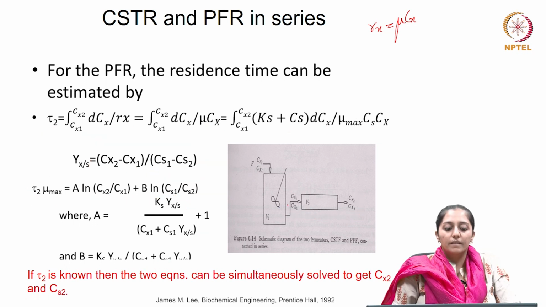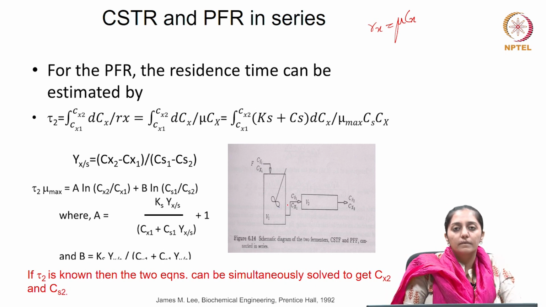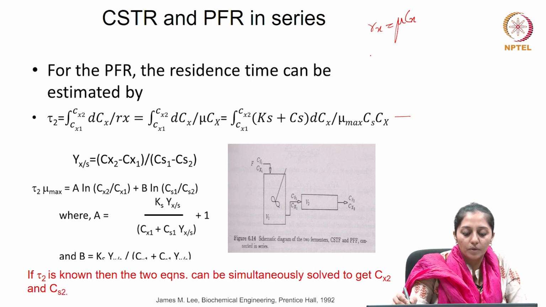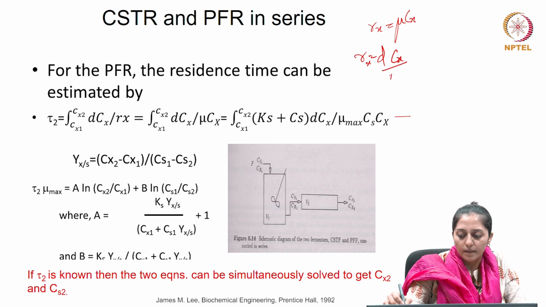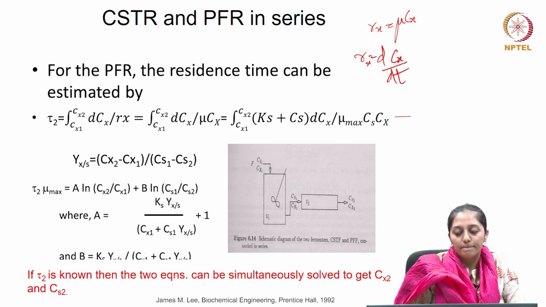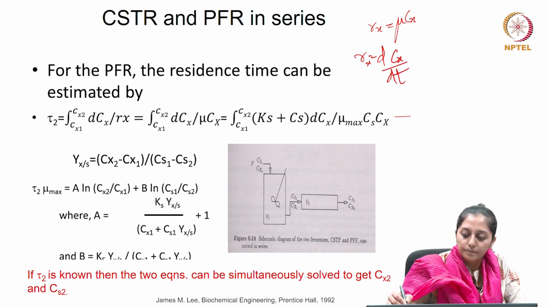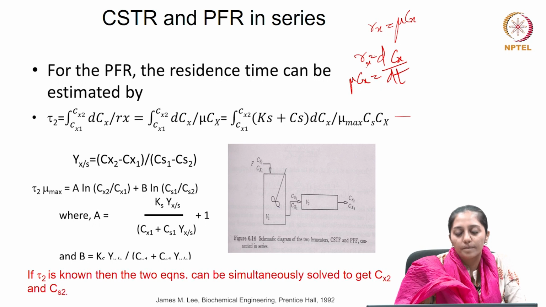Now the second reactor is the plug flow reactor. For this plug flow reactor, the residence time can be given as follows. We know that Rx is dCx by dt for a batch reactor, and Rx is the growth rate, which is mu Cx. dCx by dt is the rate of accumulation of the biomass.